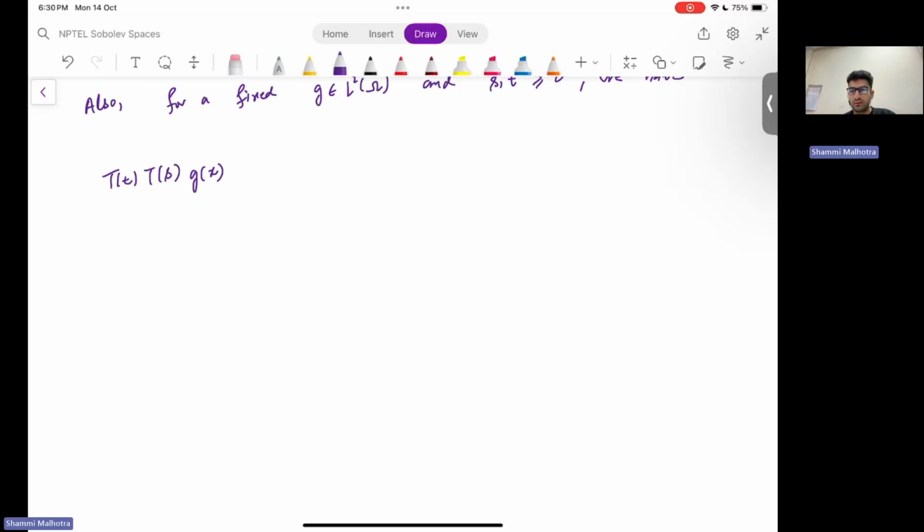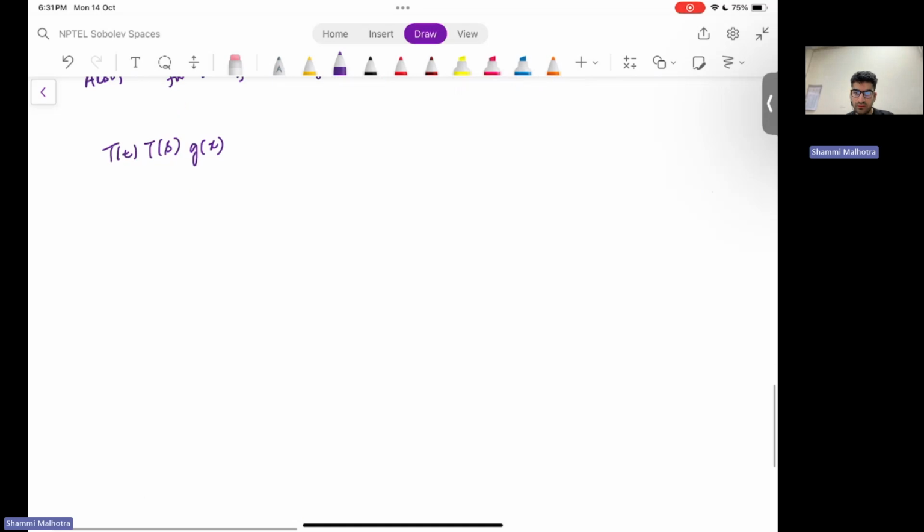Again, you can see that T(s) g(x) will be an L2 function, then we can apply T(t) again on it. So we have T(t) applied to summation k from 1 to infinity a_k e to the power minus lambda_k s.